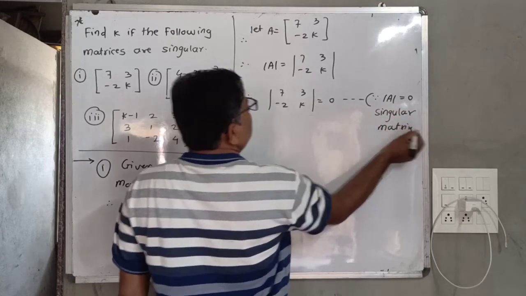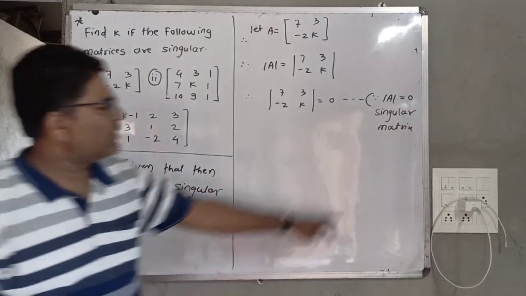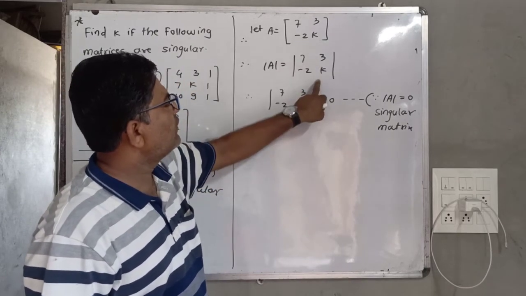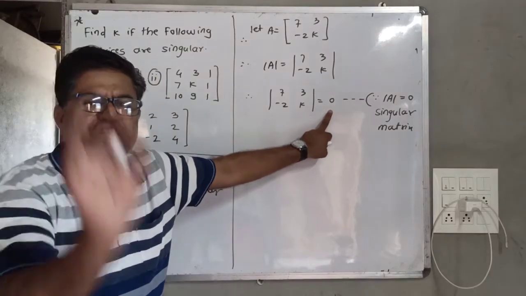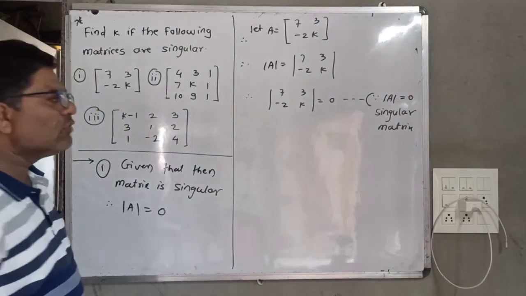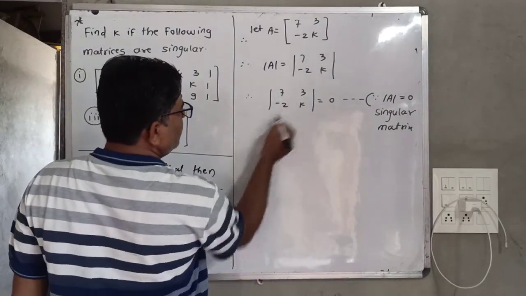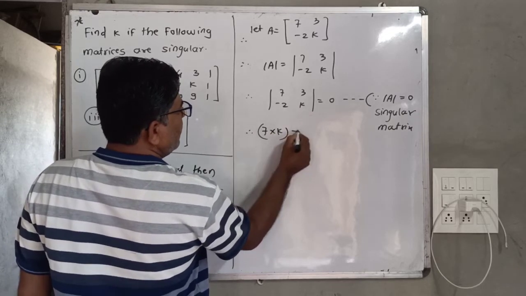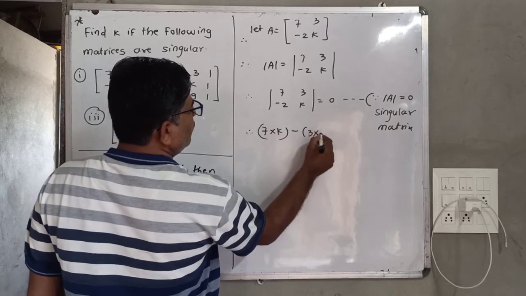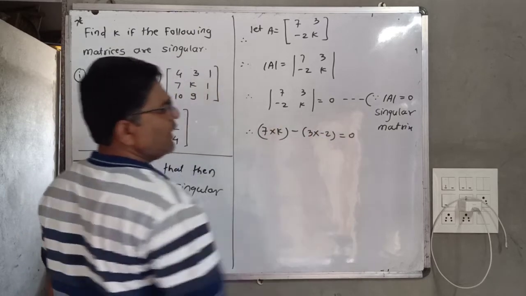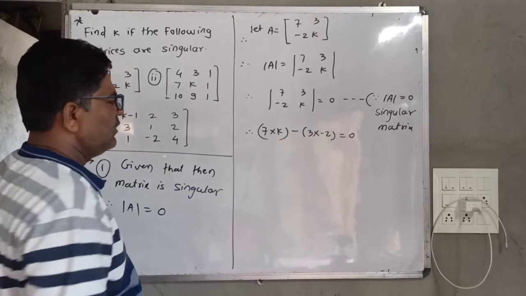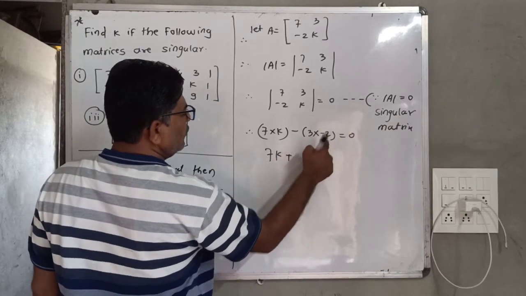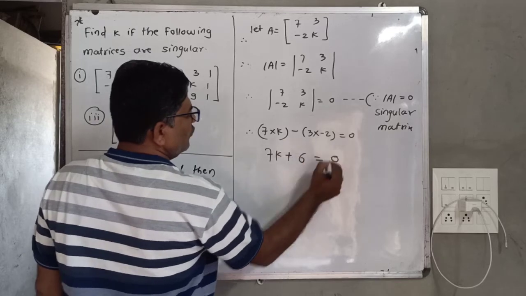This is a given condition, therefore we know very well that the determinant of this particular matrix will be 0, because this is the definition of a singular matrix. Just solve this now. 7 multiplied by k minus 3 multiplied by minus 2. You can solve directly here. 7k plus 3 times 2 is 6, equal to 0.